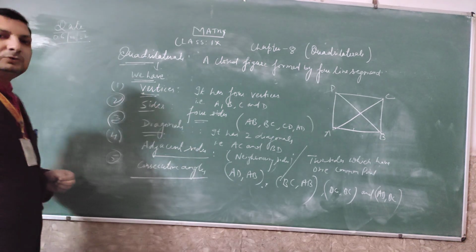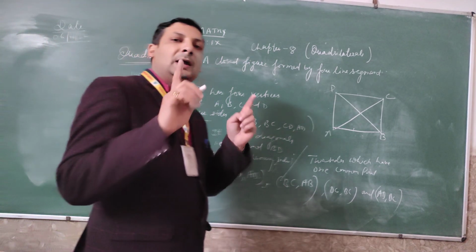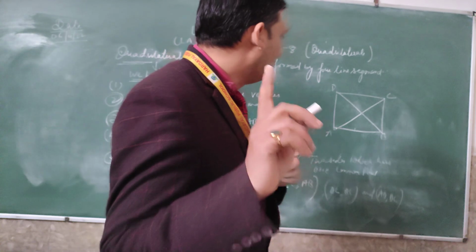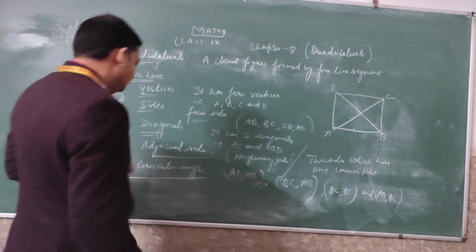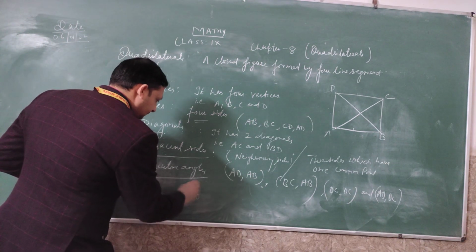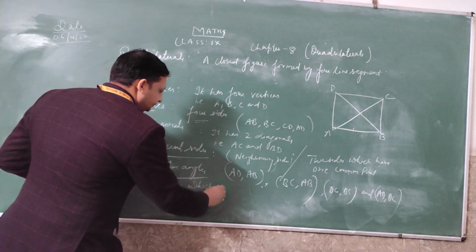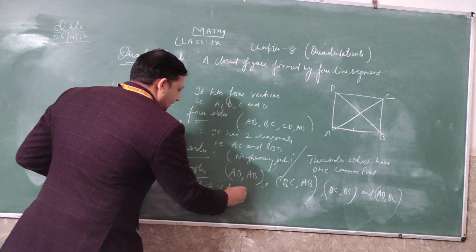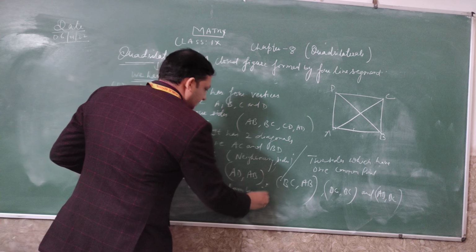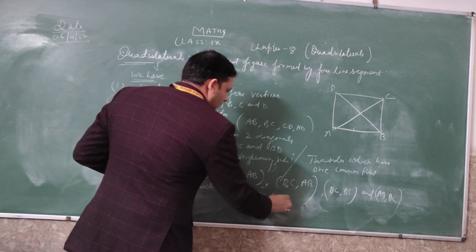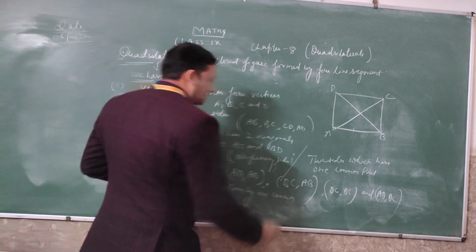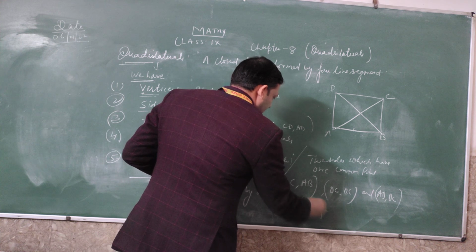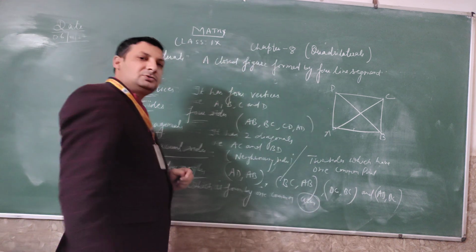Consecutive angles are those angles which are formed by one common arm. Arm means side. Arm is also called a side.